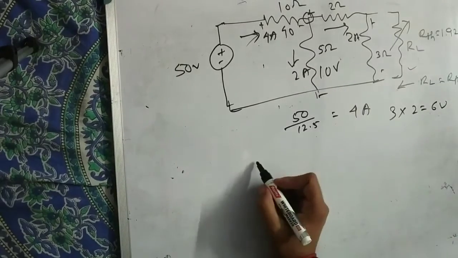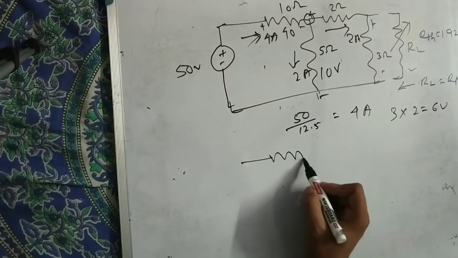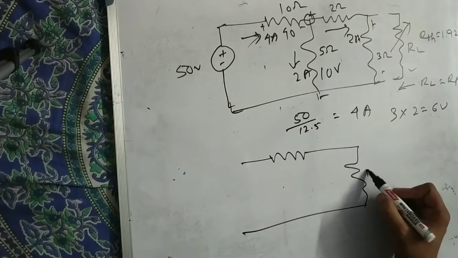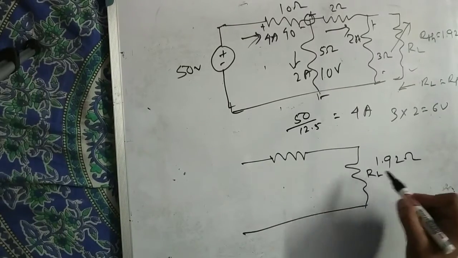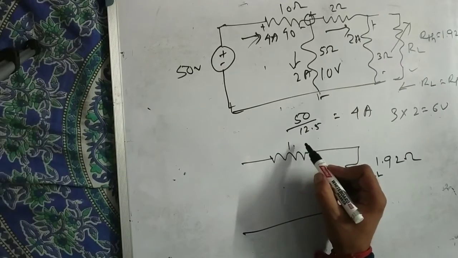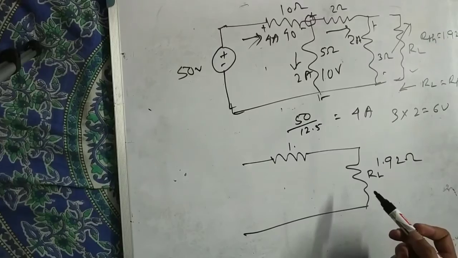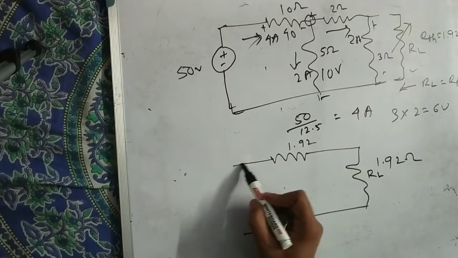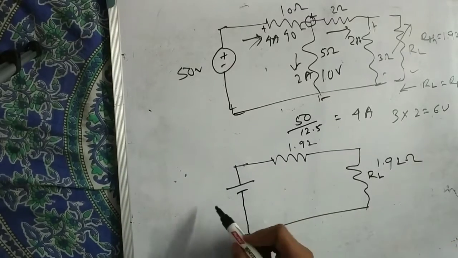So we all know for maximum power, now the circuit will be: you have to connect RL. RL value is 1.92 ohm and RTH is 1.92, and VTH will be 6 volt.